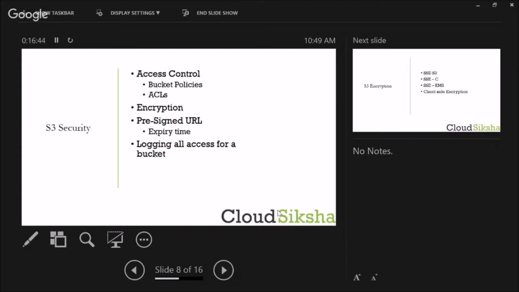You can keep your bucket private, sign a URL and send it to them, and that pre-signed URL would have an expiry time associated with it. The pre-signed URL and expiry time together ensure a decent amount of security. Only those with a pre-signed URL will be able to access your bucket. Those who come from a normal URL will not.